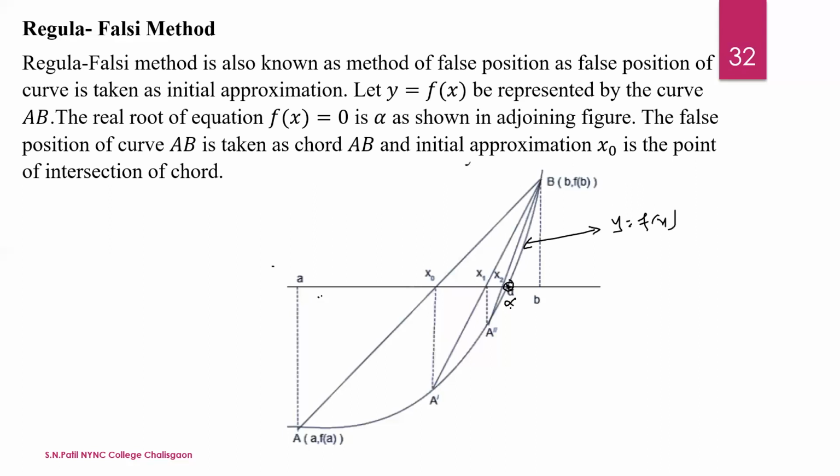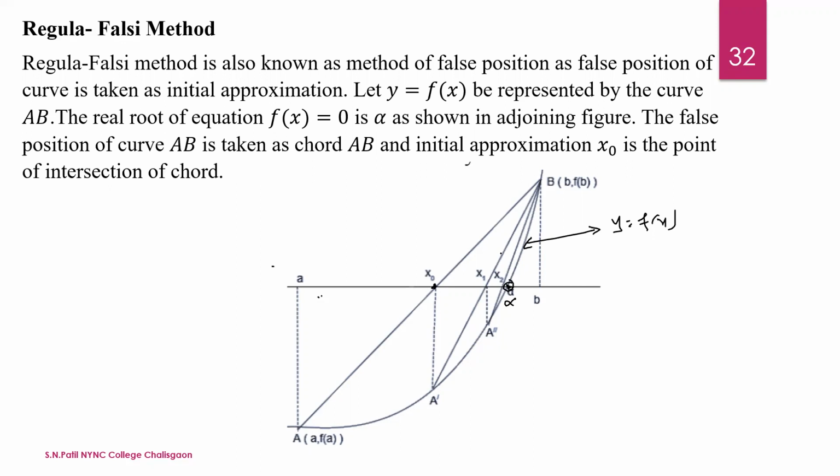The false position of the curve is taken, means we join the curve by these 2 points, capital A and capital B, and we consider the initial root x0. That's why we call this method the false position method. So instead of alpha, we consider the first approximation of the root to be x0.